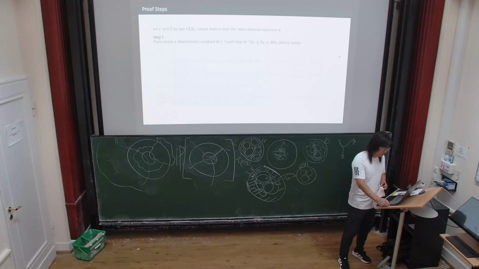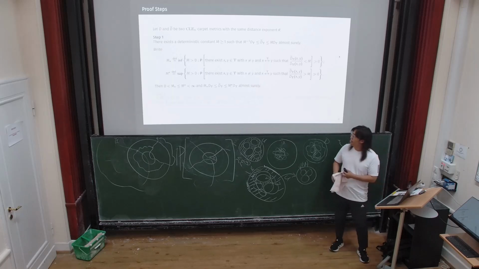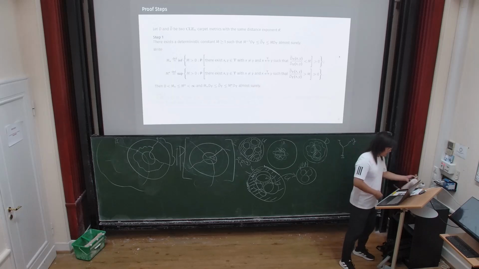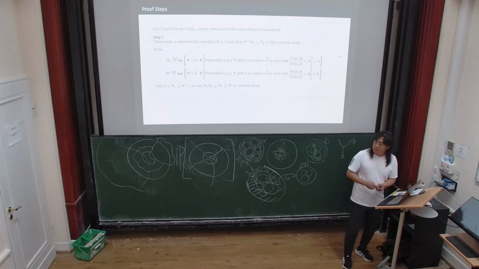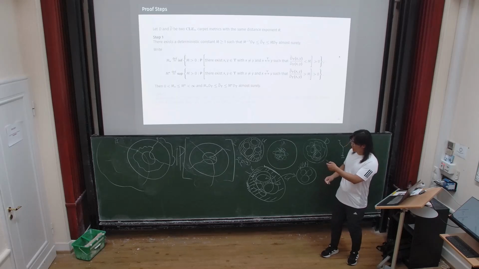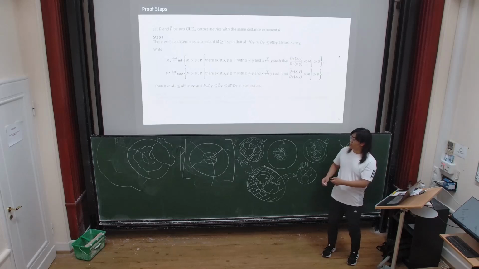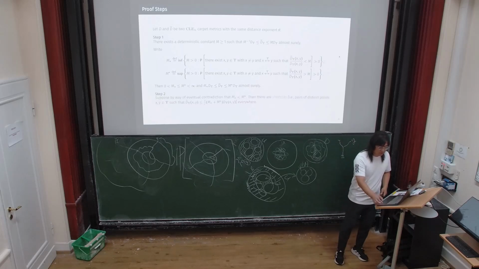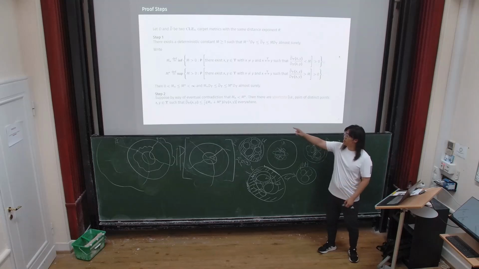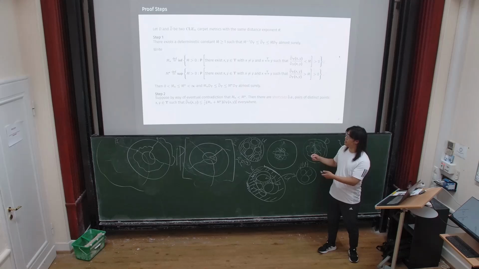First, it follows almost immediately from the above 2 techniques that they are bi-Lipschitz equivalent, and then we can define this optimal bi-Lipschitz constant. By step 1, this is strictly between 0 and infinity, and this is true almost surely. Our goal is to prove these 2 optimal bi-Lipschitz coefficients are actually the same.